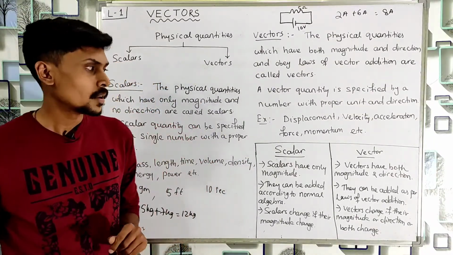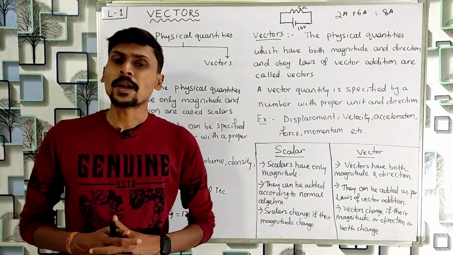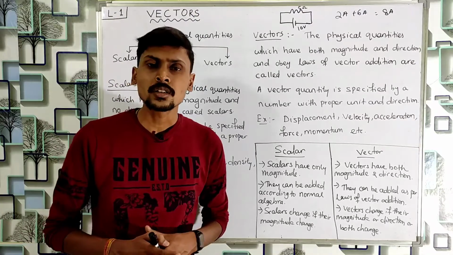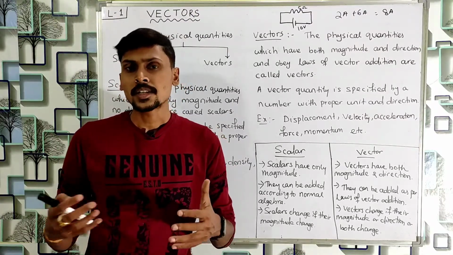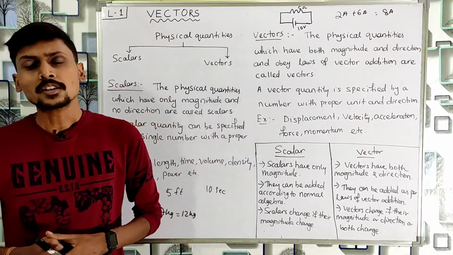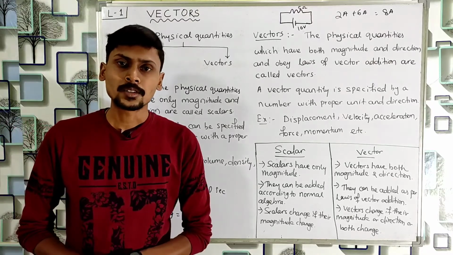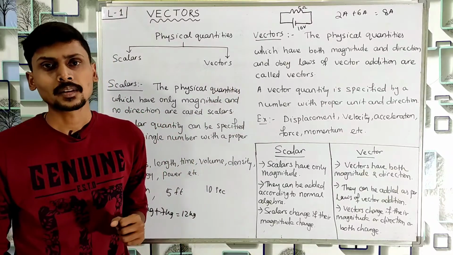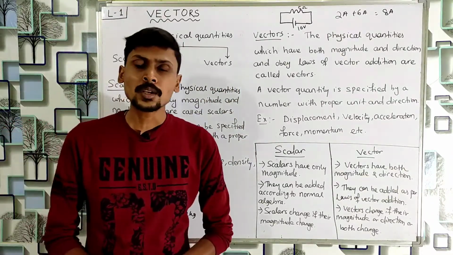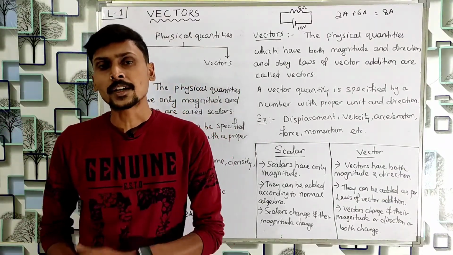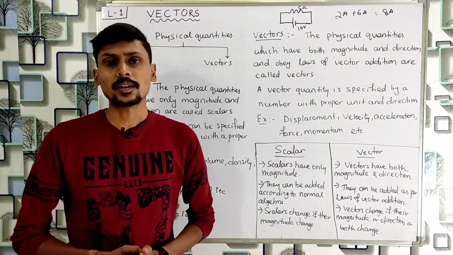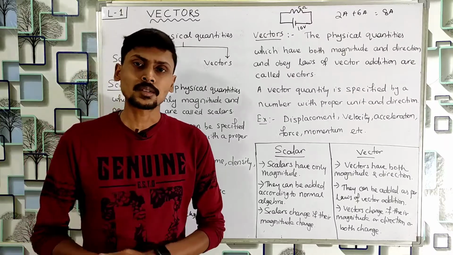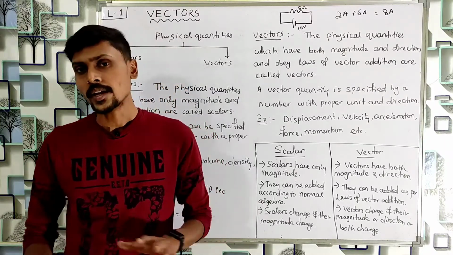Is that clear? So what are the examples of vector quantities? Displacement, velocity, acceleration, momentum, force, etc. So these are the examples of vector quantities. Means they have both magnitude and direction. आमे क्लास 9th रे पढ़ीचे जे displacement is a vector quantity, distance is a scalar quantity, because displacement has some direction but distance has no direction.